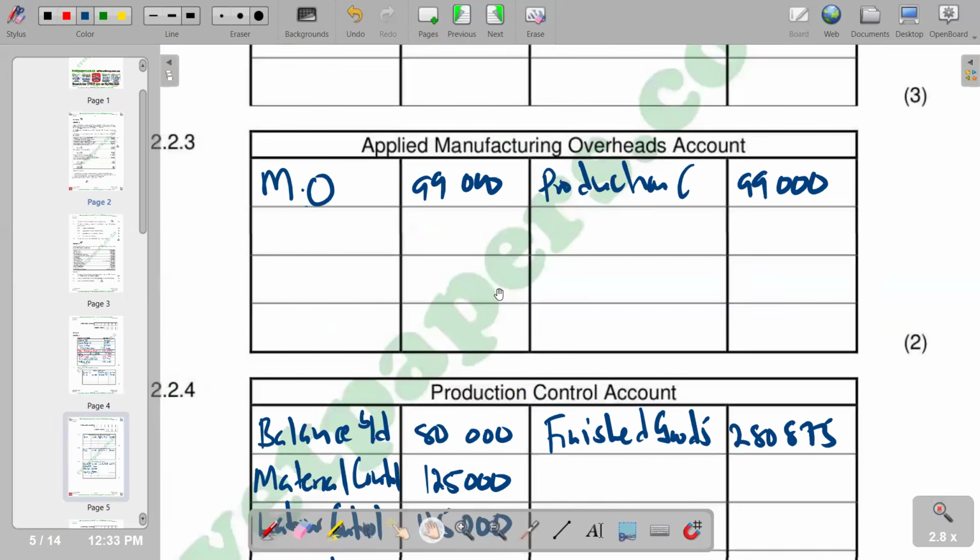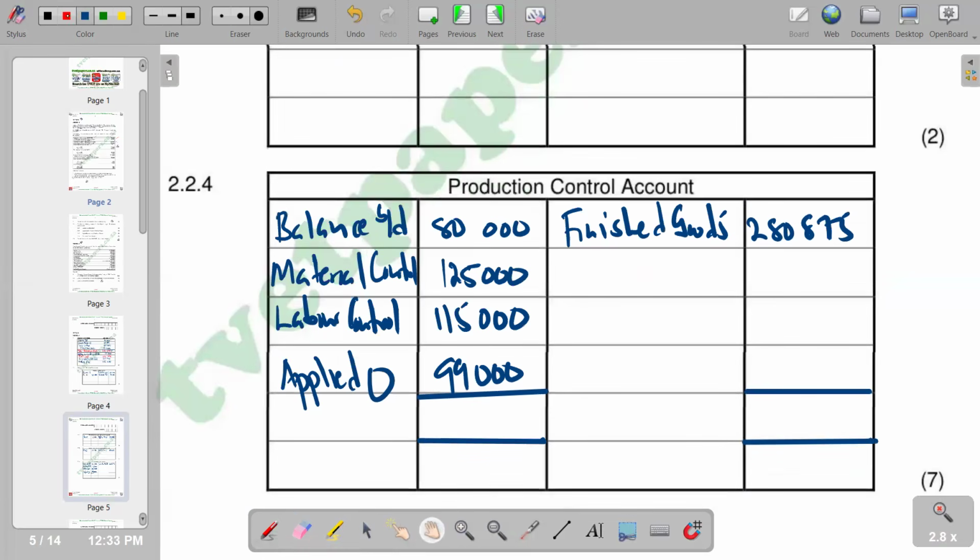So on our production control, if you add the total of the debit and the credit, you are seeing that the debit has got a greater total of 119,000, which is also supposed to come on the credit side. And then you subtract the finished goods amount to get the balance CD, which is going to be 138,125.